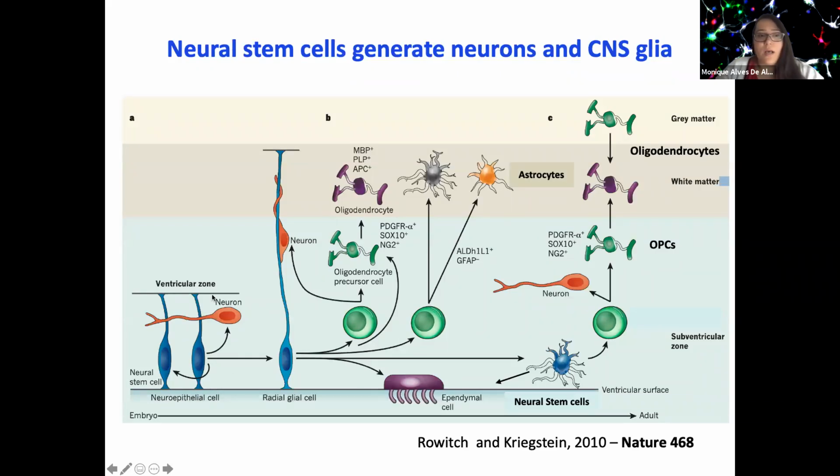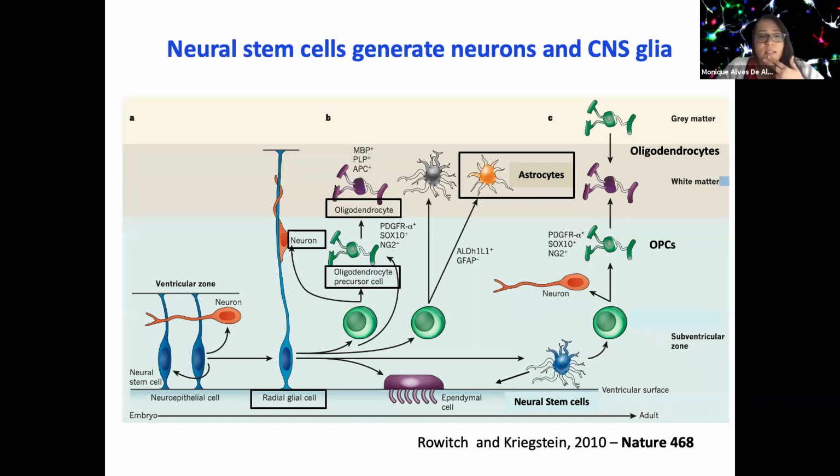They generate post-mitotic neurons, and also the intermediate progenitors known as radial glial cells or neural stem cells, which are similar but more fate-restricted stem cells. And radial glial cells will give rise to neurons, to oligodendrocyte precursor cells called OPCs, oligodendrocytes, astrocytes, and ependymal cells.